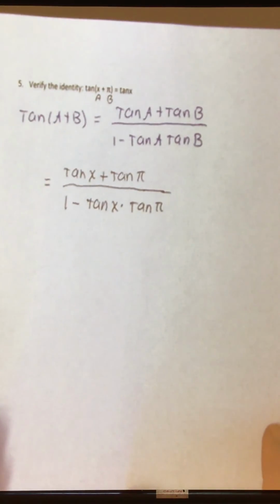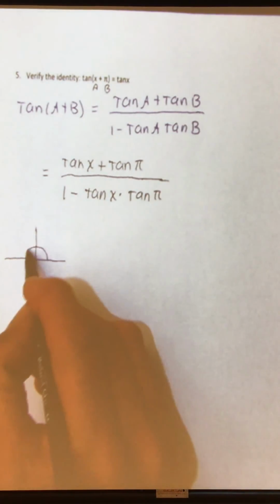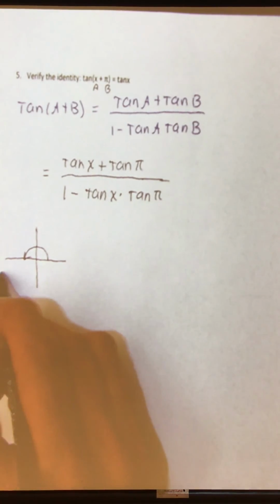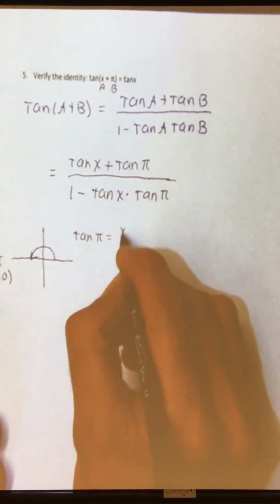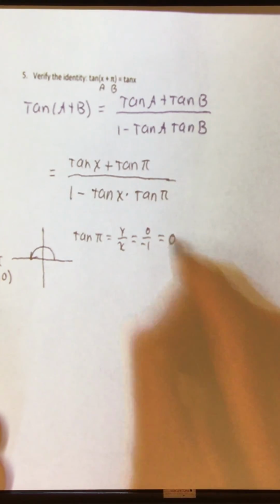Okay, so now we need, in the unit circle, there's your angle of pi, or 180 degrees, and the coordinates there are negative 1, 0. And tangent of pi, tangent's y divided by x. So that's 0 divided by negative 1, or 0.